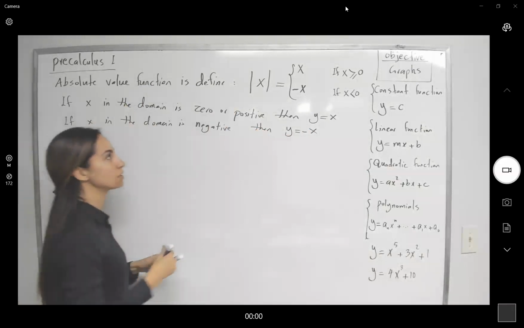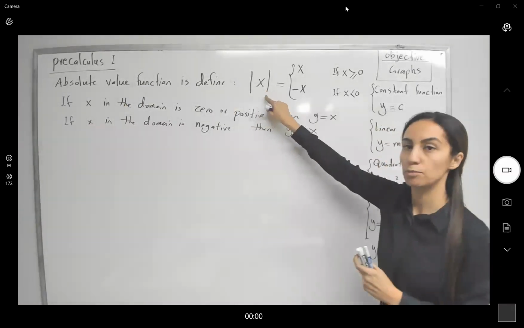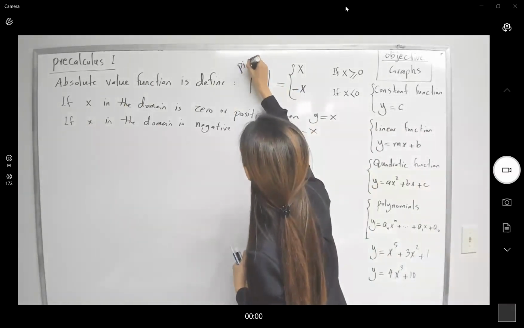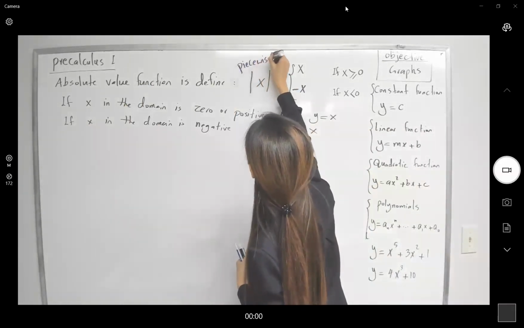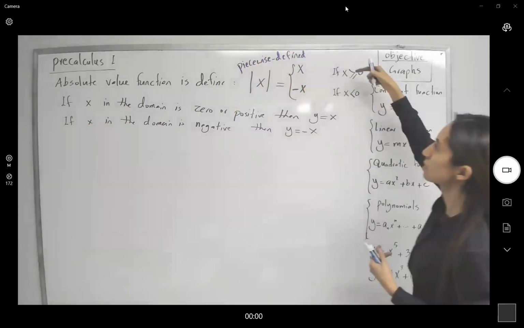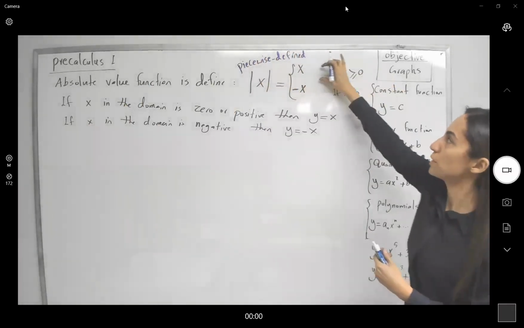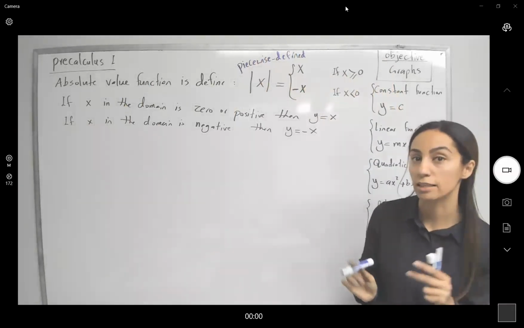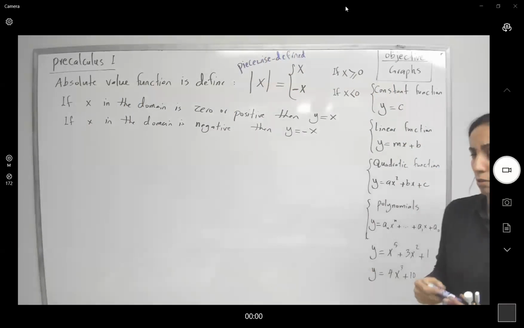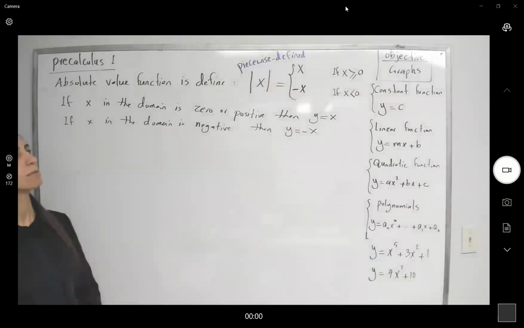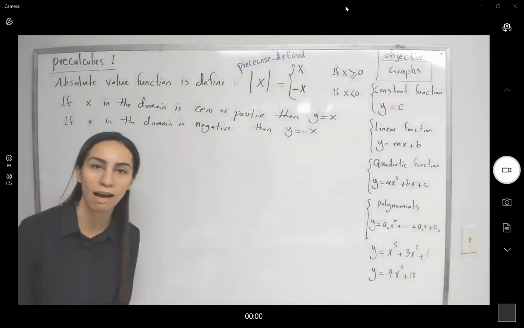And again, this is an example of a piecewise defined function. Piecewise defined means that it has different pieces. One piece is for the positive part, one piece is for the negative part. Okay, well, I expect you to ask, how do I graph this guy?